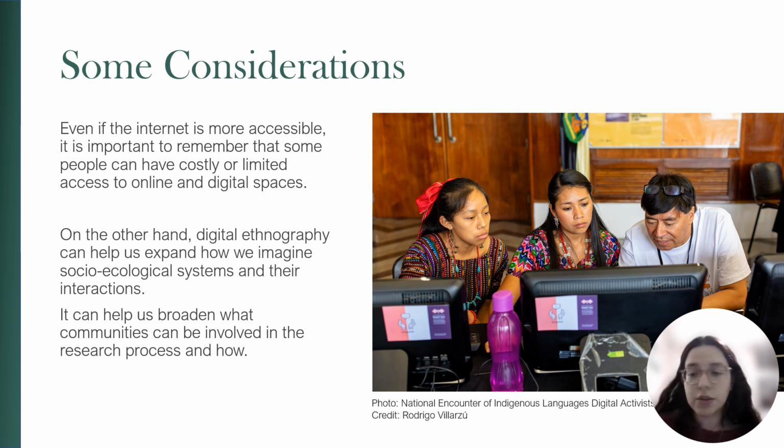On the other hand, it is true that digital ethnography can help us expand how socio-ecological systems work and the interactions that happen there. And it can also help us broaden what communities can be involved, for example, youth or digital activists. And how can they even be involved in the research process?